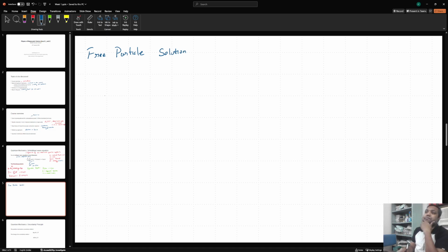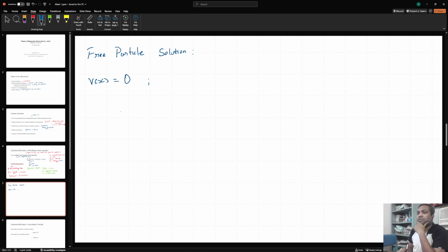What does the free particle system mean? It means that V of x is equal to 0. There is no potential. So this implies the particle has no potential, no restrictions whatsoever, and is free.